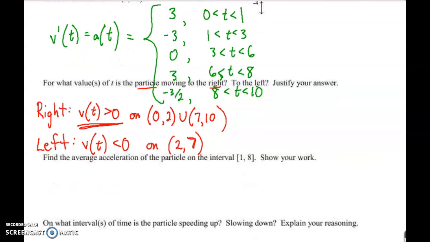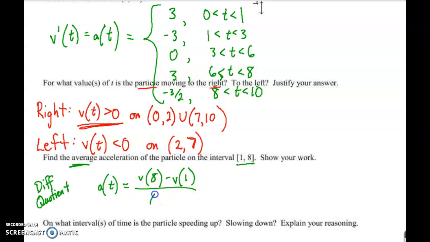Okay, so the average acceleration. Whenever you see that phrase average, you should be thinking of a difference quotient. I don't know if I've said that before, difference quotient. So if I'm asking for the average acceleration, a of t, then what I should be seeing is, well, because they give you the interval, I would just do v of 8 minus v of 1 over 8 minus 1.